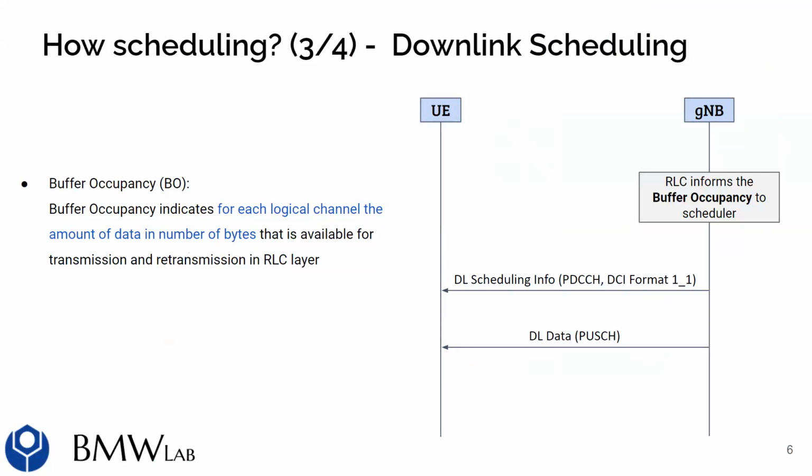DCI is very important for the scheduler. DCI will contain the downlink scheduling information. Then the UE can know where and when it can get the resource from the information in the DCI. And then the gNB will send the downlink data to the UE, so the UE can get the data.